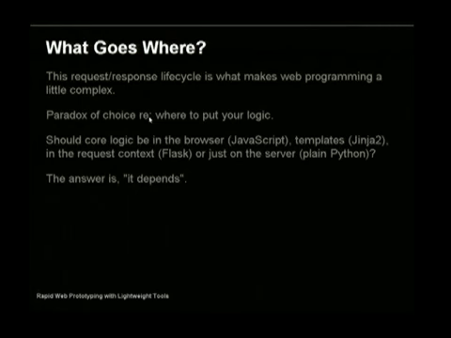And a big question that comes up is, what goes where, right? So now you've got a Python web app context controlled by Flask. You've got potentially a module that has all of your business logic, right? You've got templates. You've got HTML, Bootstrap, and JavaScript, right?